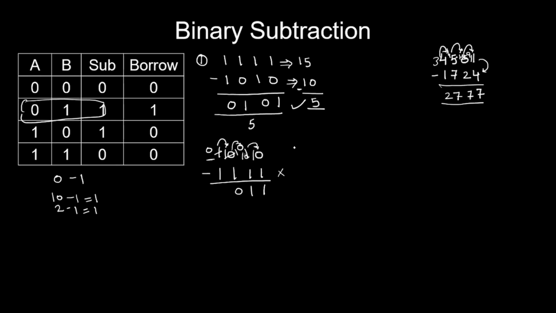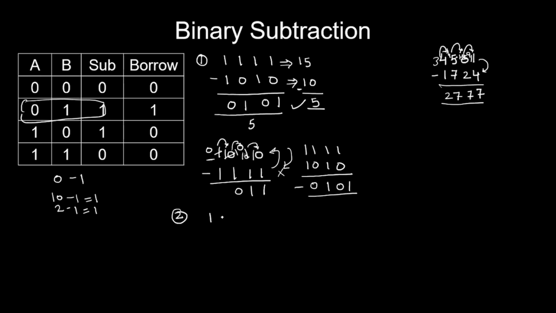So in this case you have to interchange the numbers and perform binary subtraction in the same way which we have just learned. The answer will be 0101, and you have to put a negative sign before this number because the second number is greater than the first number.